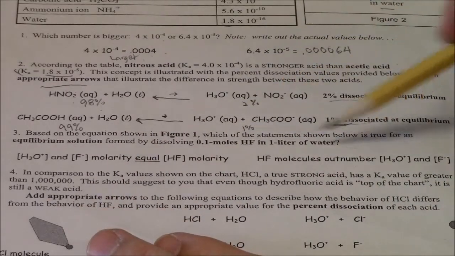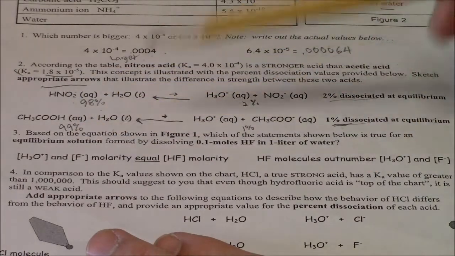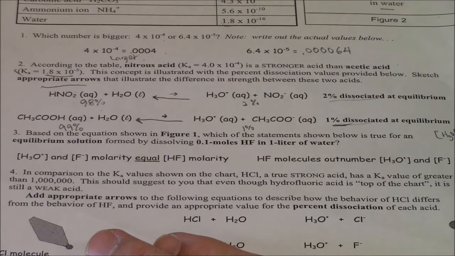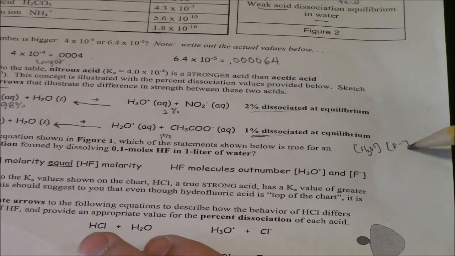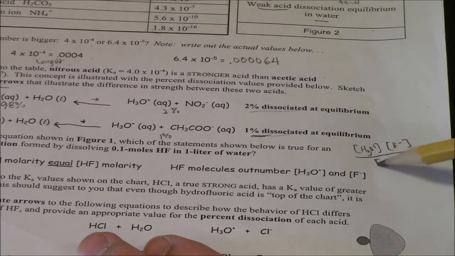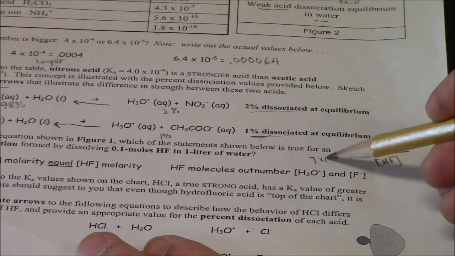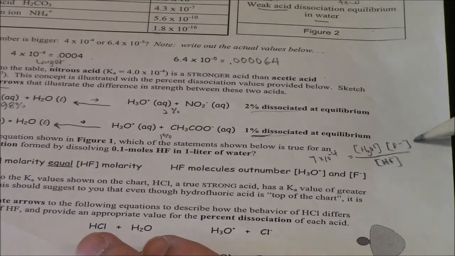Question number 3 is asking you to think numerically what must be true. The key is to recognize the ratio of the H3O plus and the F minus, the dissociated form, over the HF is equal to 7 times 10 to the minus 4, which is a very small number. So this on the top is small.